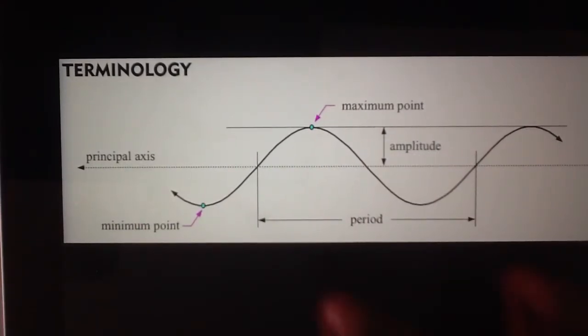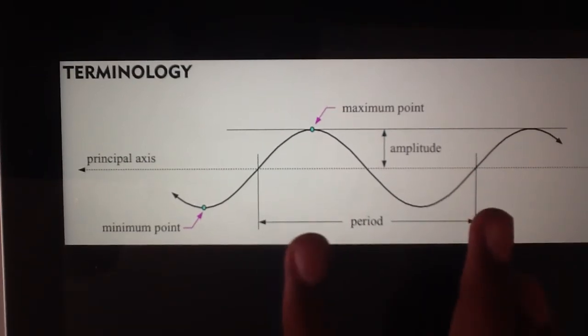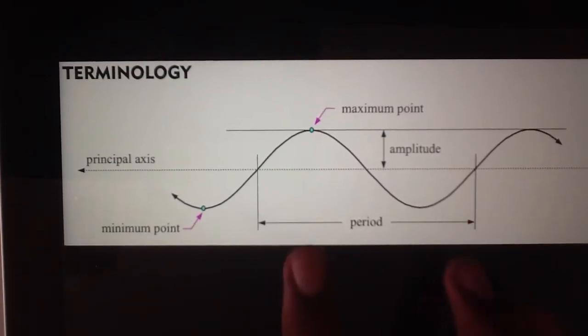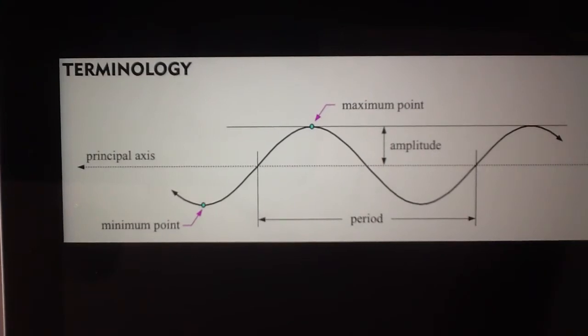The period is the length at which a single cycle starts and finishes. The maximum point is the highest point, and the minimum is the lowest. The amplitude is the amount it raises or decreases, and the principal or mean axis is the line running through the middle or the average of the graphed function.